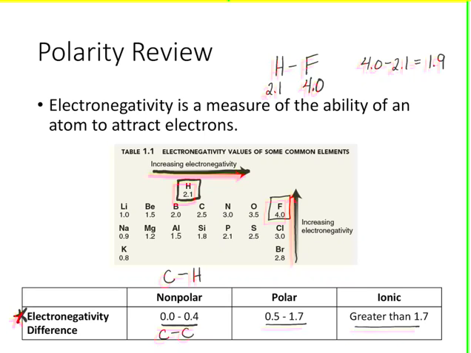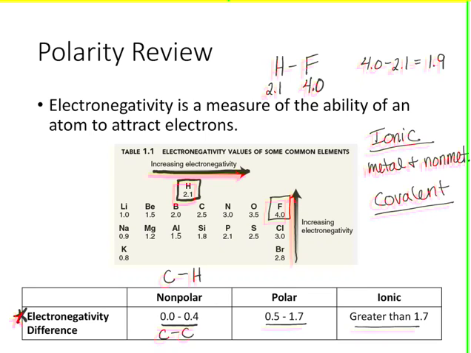Remember, an ionic bond is between a metal and a nonmetal, and a covalent or molecular bond is between two nonmetals.